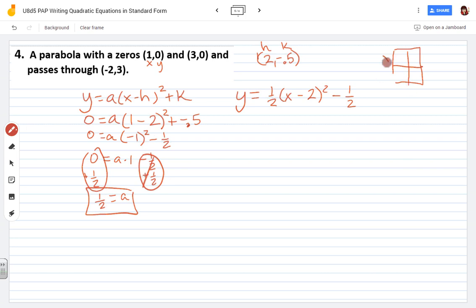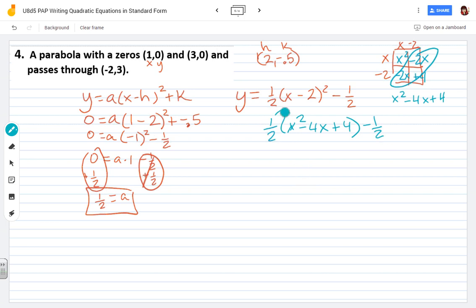I'm going to go ahead with x minus 2 times x minus 2: x squared minus 2x minus 2x plus 4. Combine like terms. This leaves us with x squared minus 4x plus 4. So let's see what this looks like: 1/2 times x squared minus 4x plus 4, minus 1/2.